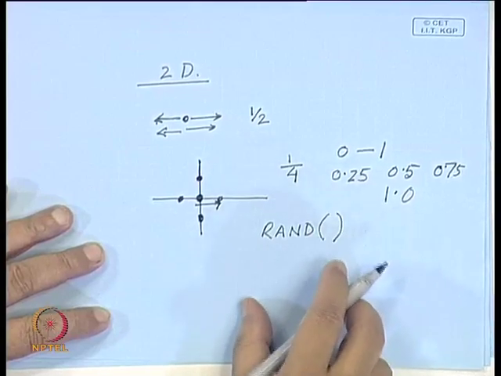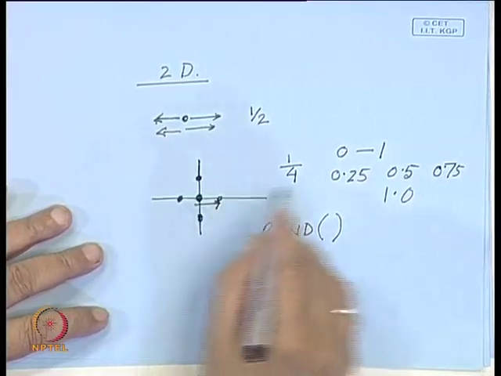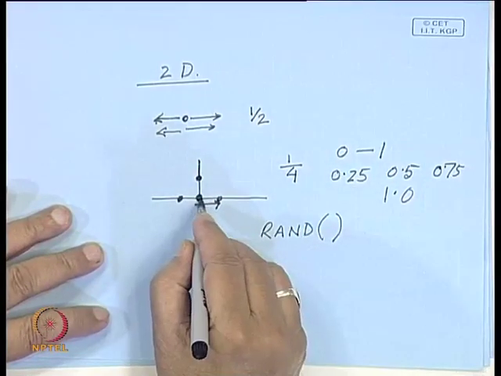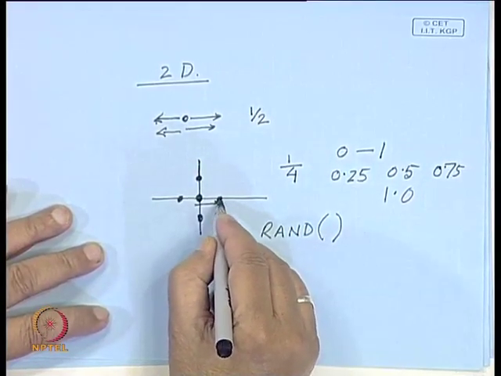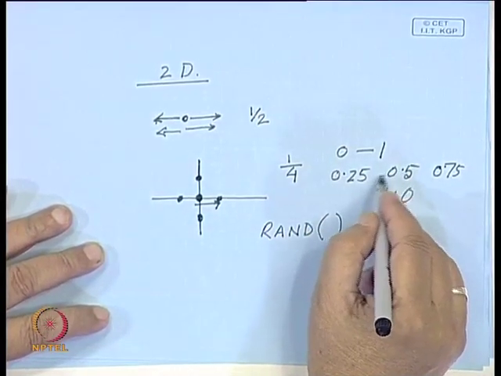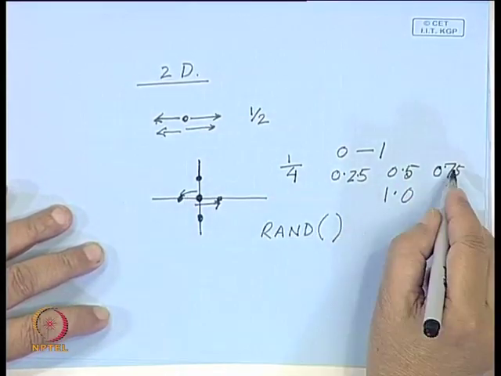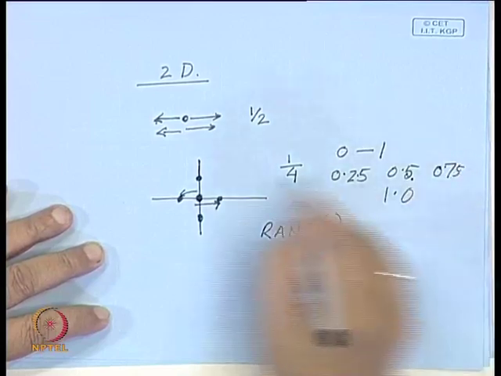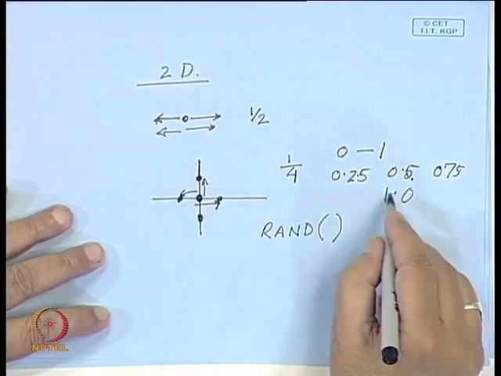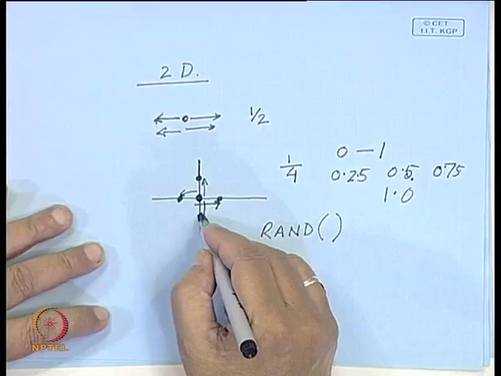I leave it to you to set it up. So, if it is, say, 0.5, it goes from here to here. If it is between this and this, then it goes here. If it is between 0.5 and 0.75, it goes there, and if it is 1, it goes here.